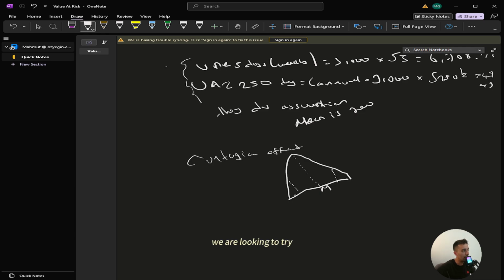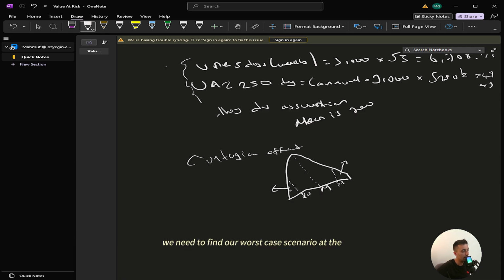We are looking to determine our tail event. Okay, this is 5%, sorry, 2.5, 2.5. We try to understand events here, guys. Only here we try to understand.